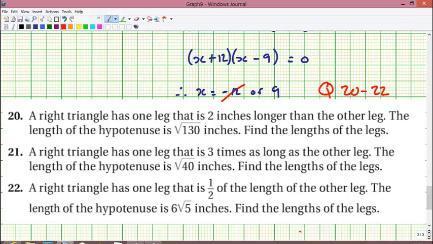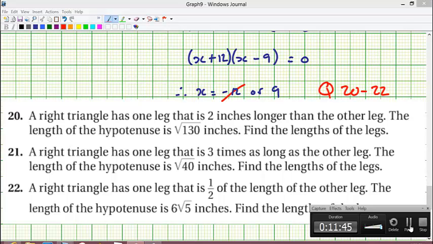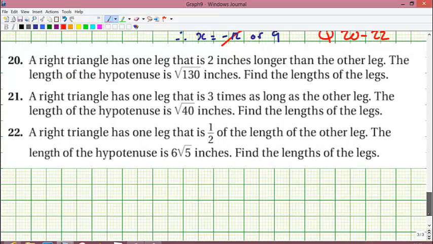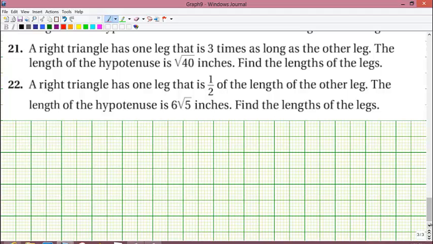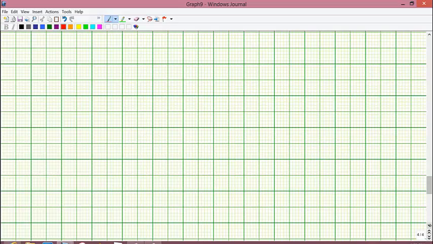Alright, so pause it at this point and work through the problems. Okay, what we're going to look at now is what is known as the converse of the Pythagorean theorem. And essentially the converse of the theorem is the theorem stated in a different way, but with the logic reversed.